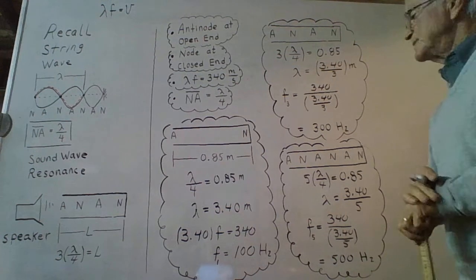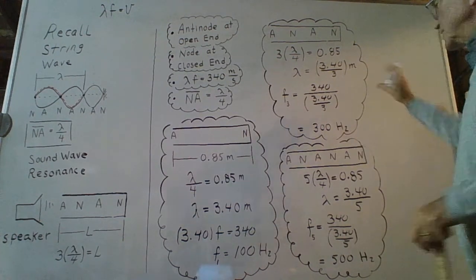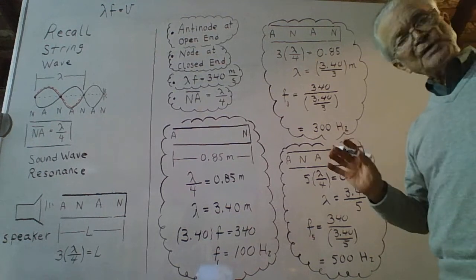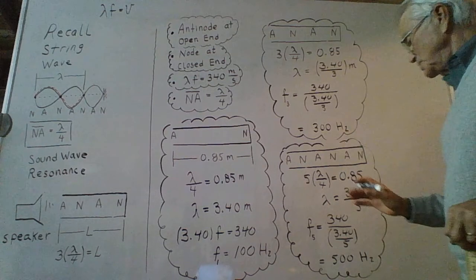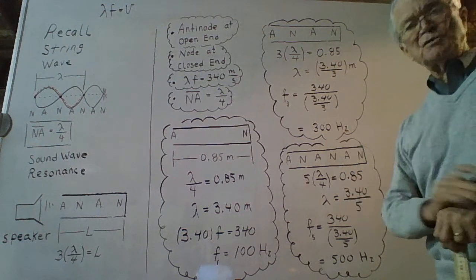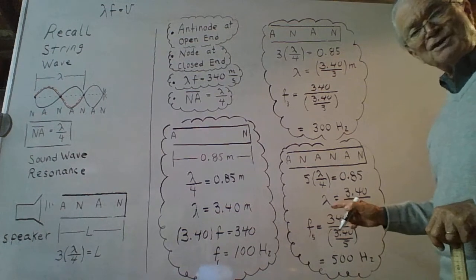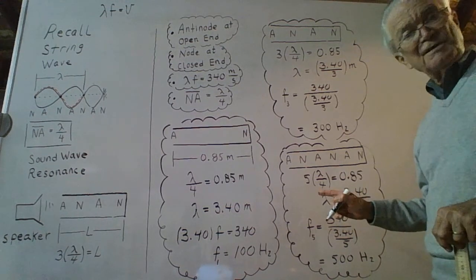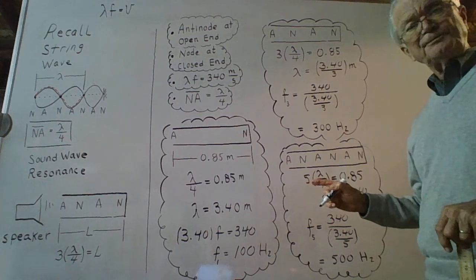By now you might have guessed or seen a pattern. If we were to go and look for the next lowest frequency that will resonate, perhaps you will not be surprised if I tell you it would be 700 hertz, and then 900, 1100, 1300, 1500, 1700 hertz.